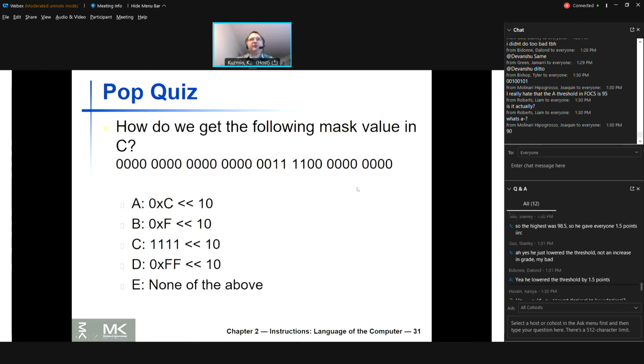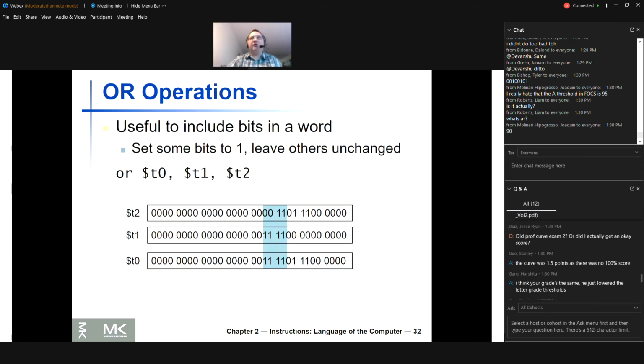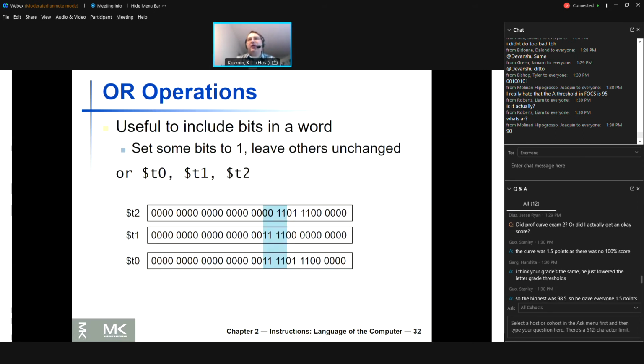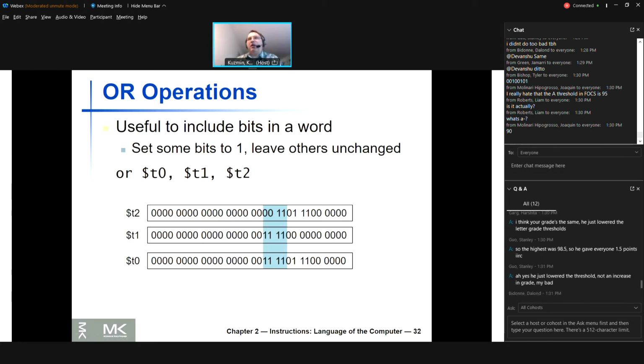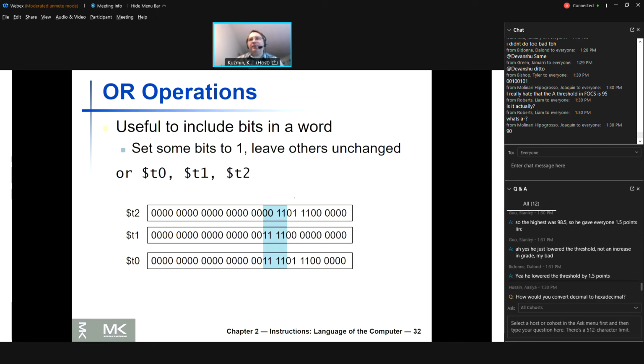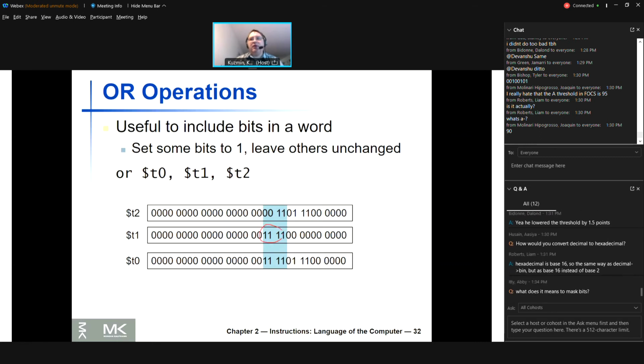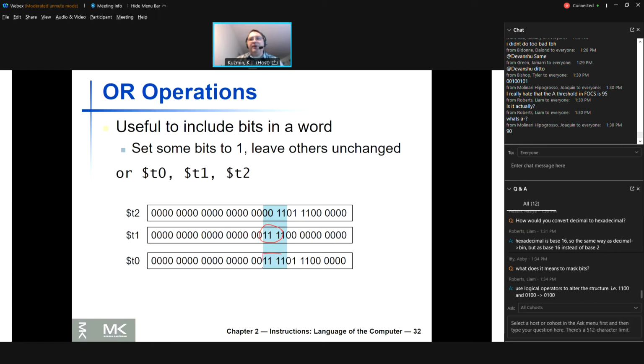On masks, and then OR operations we also just talked about. So it's the same idea of masking, or applying a mask, but it's different because here's our mask, and we set those bits regardless of what they were in here, right?